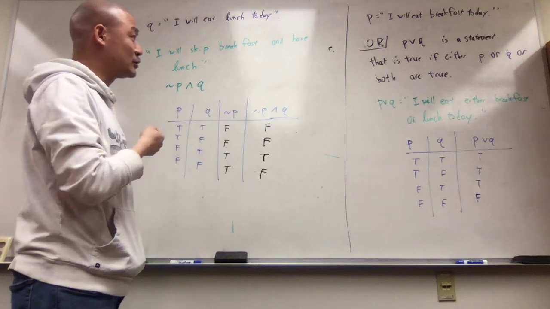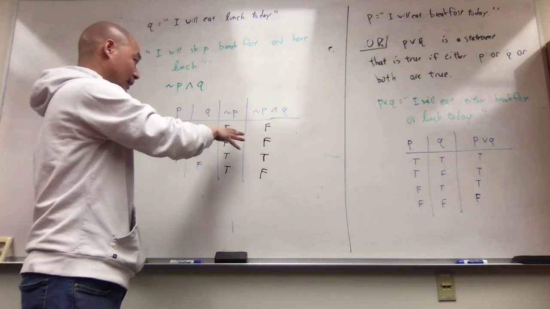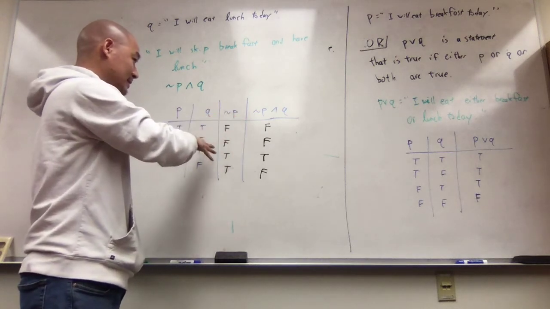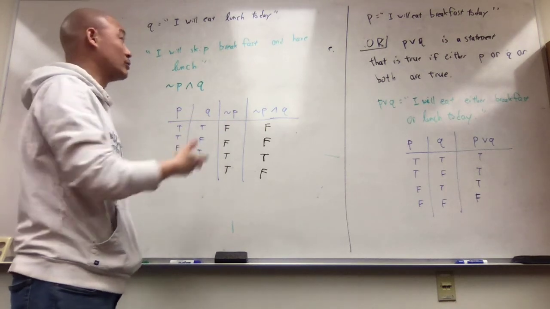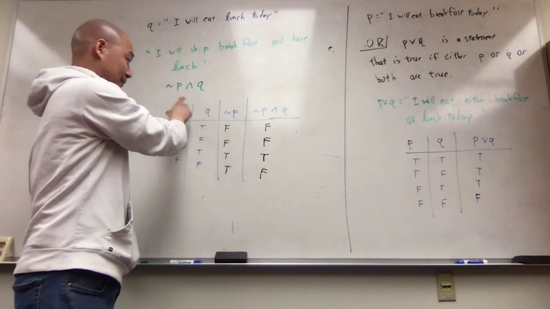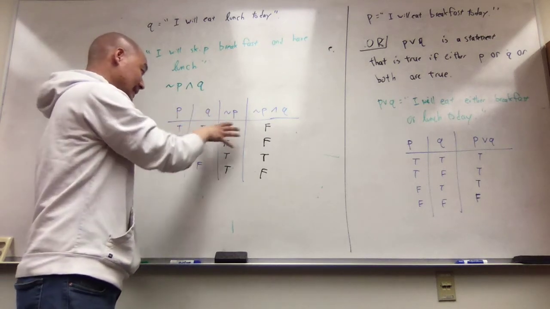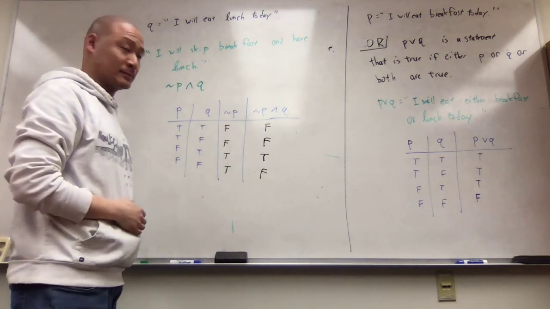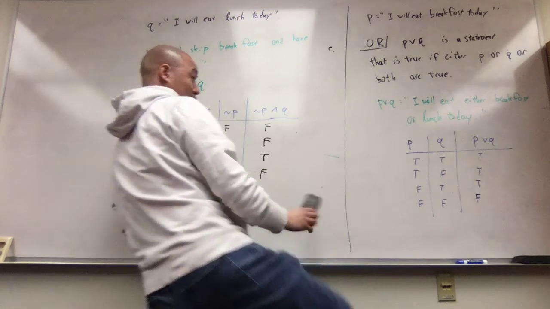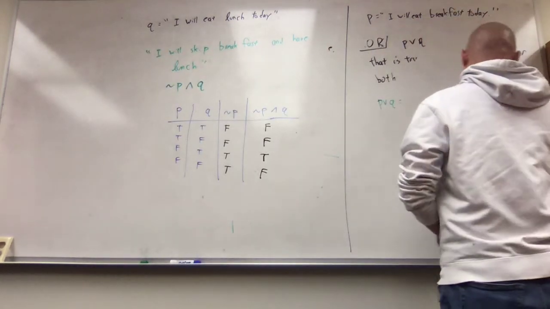But if it helps you get used to it, whenever you see some collection of statements, it is certainly helpful to make up values for P and Q, make up statements for these things, and then see if what you produced makes sense in relation to that.